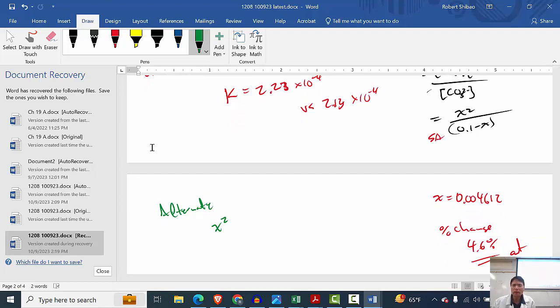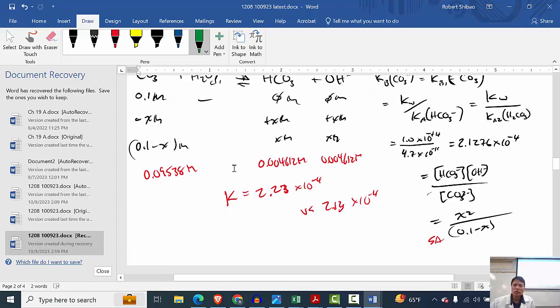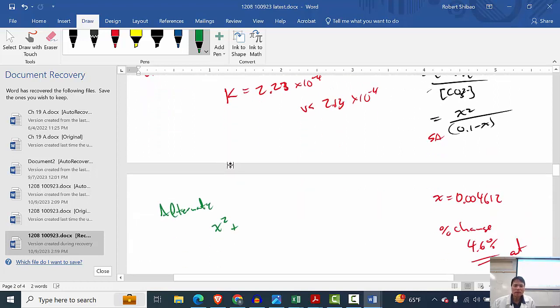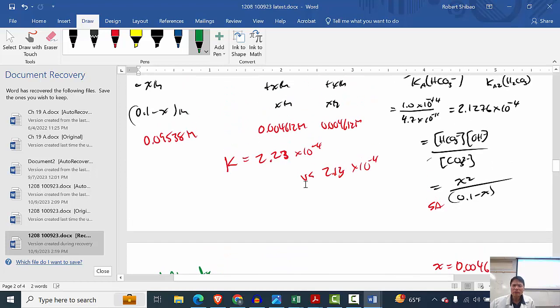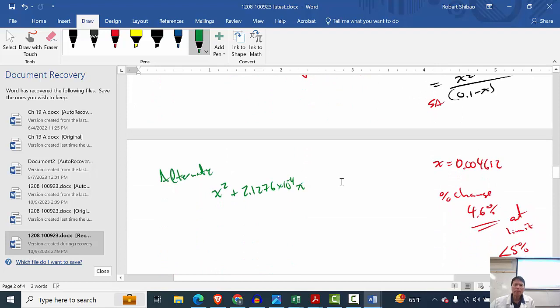That's going to be x squared, we're going to add 2.1276 times 10 to the minus 4 x, minus 2.1276 times 10 to the minus 5.